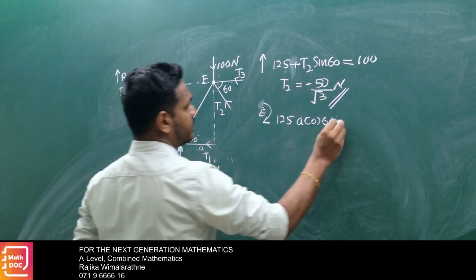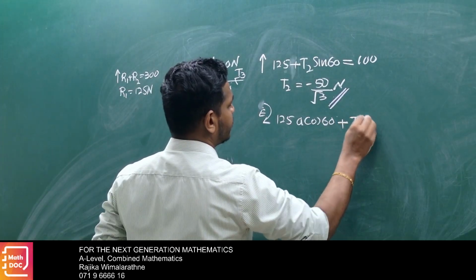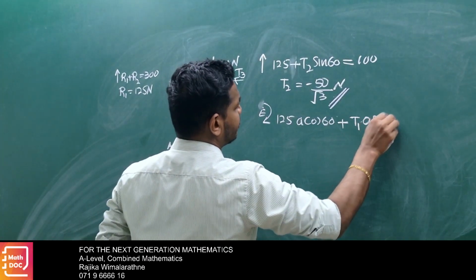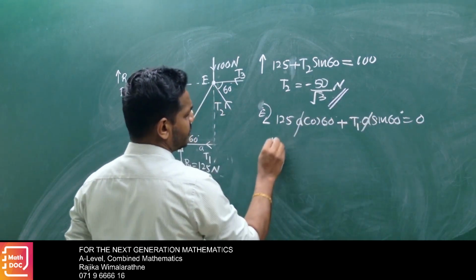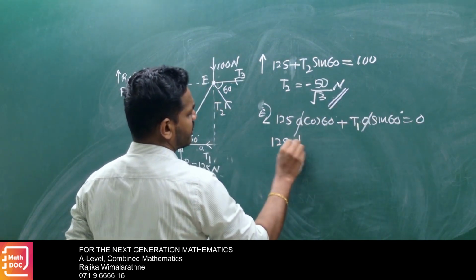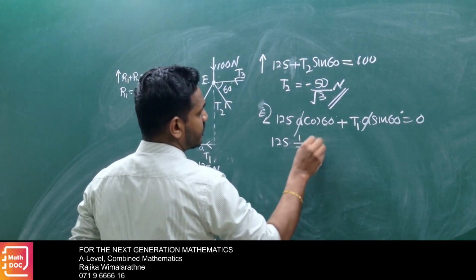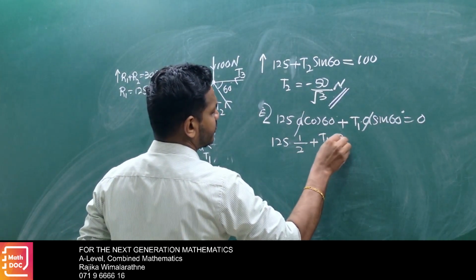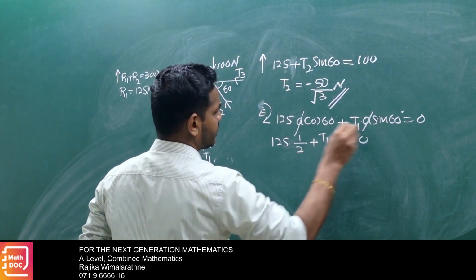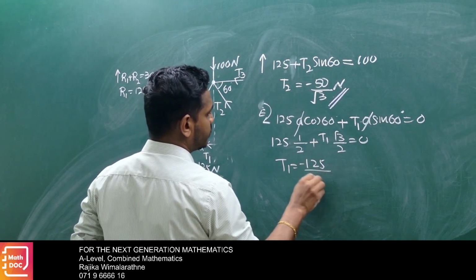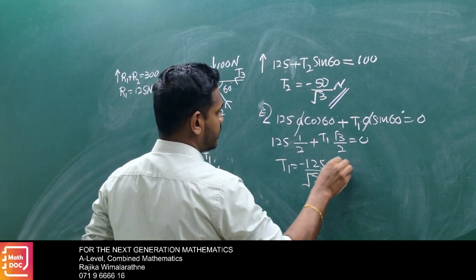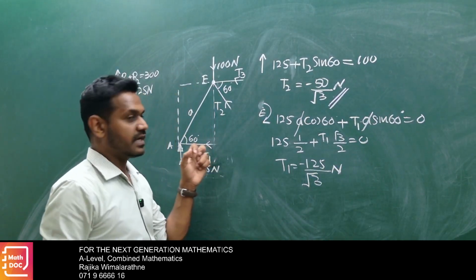Then T1 A sin 60 equals 0. Then T1 equals minus 125 over root 3. Then T1 also, not thrust, it is tension now.